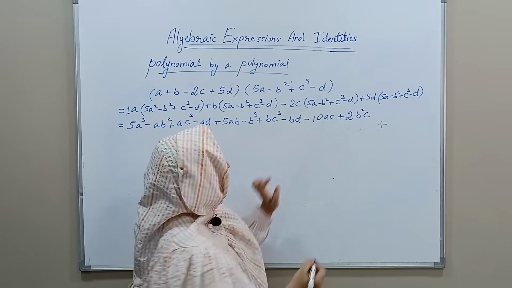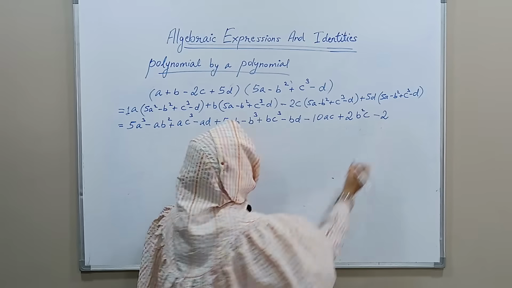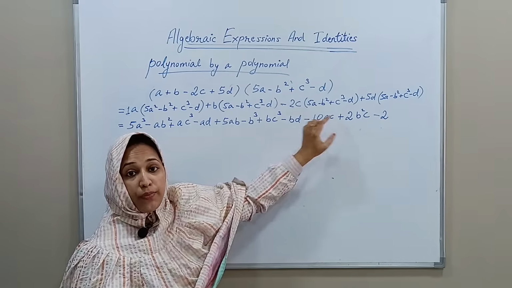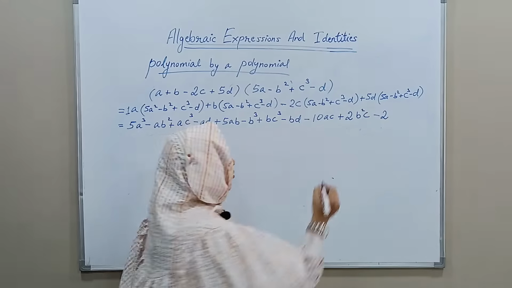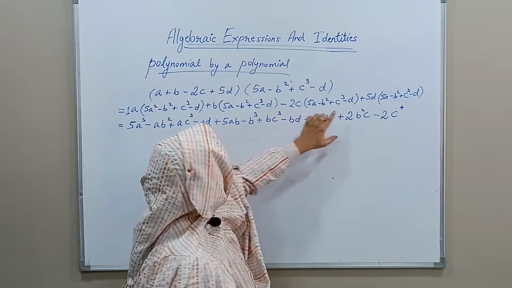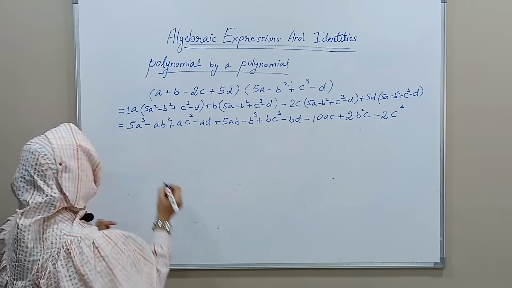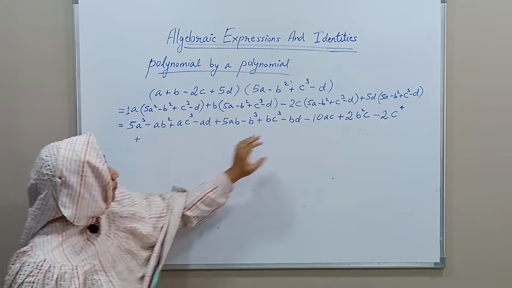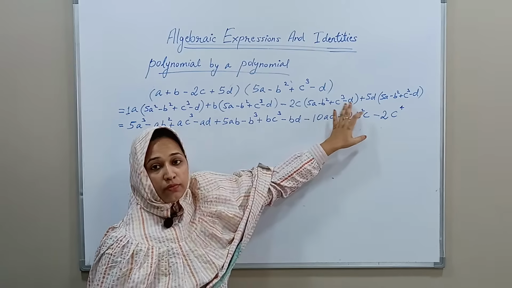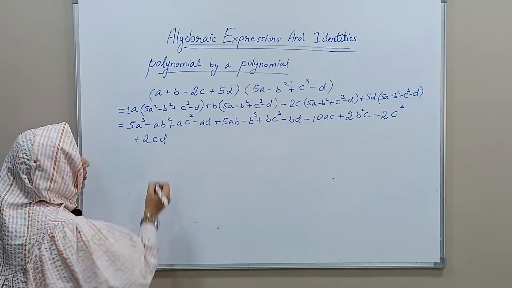Then minus into plus is minus 2 c, c into c cube becomes c to the power 4. Then we have minus here, so minus into minus is plus. So we take a plus here, 2 into 2c into d is twice cd.